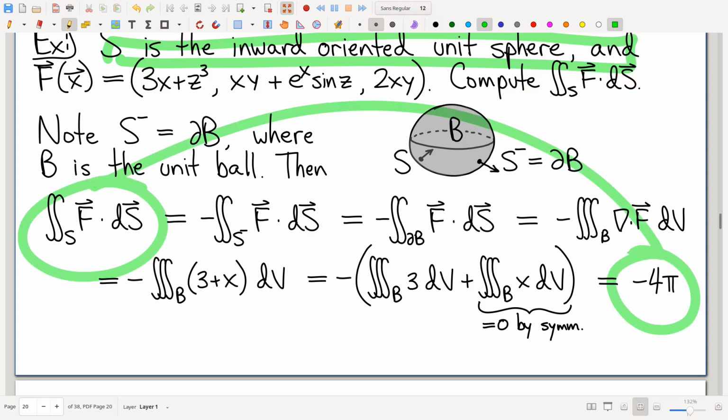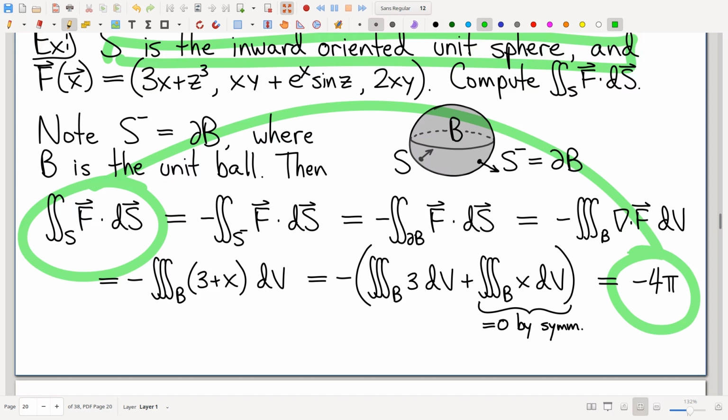Inward flux says how much of the fluid is flowing inward. The fact that it's negative tells us that the outward flux, had this question been about outward flux, we would have gotten a positive answer, and that means that this fluid is flowing outward. All things considered, adding up over all directions, it might not be perfectly radially outward, but yeah, okay.